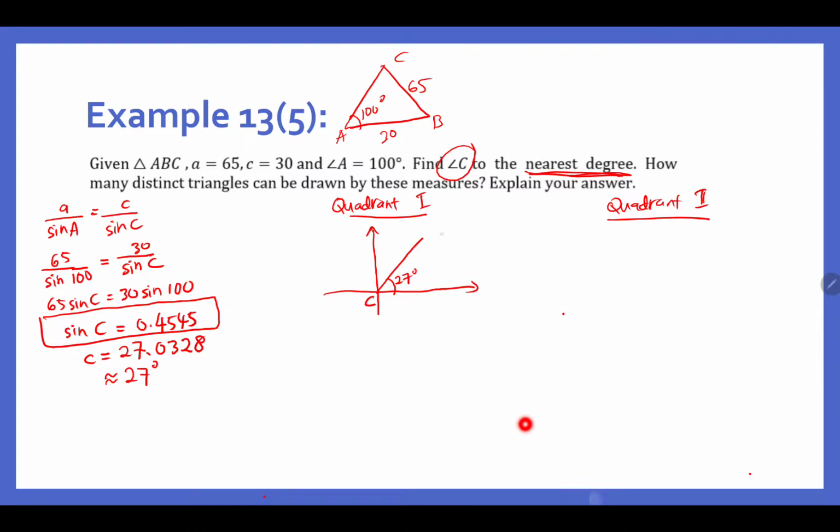A dia bagi 100, lebih kurang macam ni, B kat sini. So kita boleh beritahu A kita adalah 100, C adalah 27. So boleh cari B, which is 180 minus 100 minus 27 equals 53.